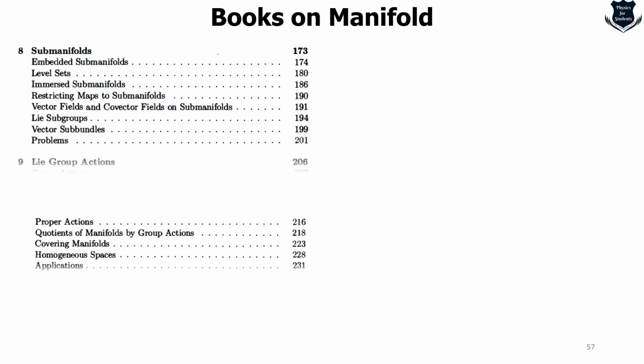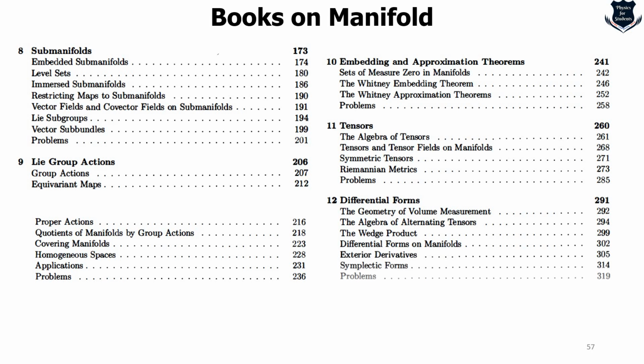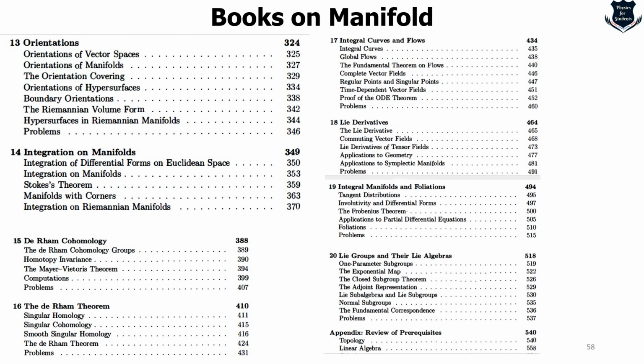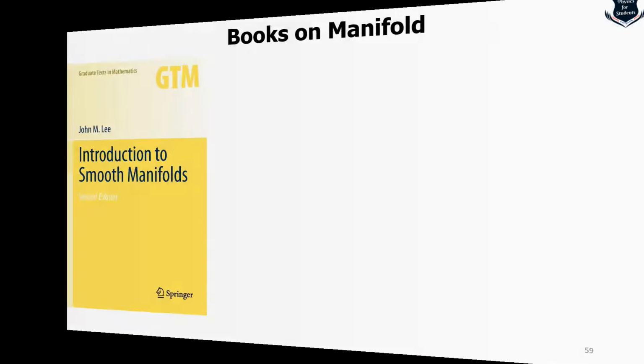I'm not going too much into that, because you can at any point of time just pause the video and look into that. What is important is that it covers a lot of tensors also. As you can see, the tensor and tensor fields on manifold, symmetric tensors, exterior derivatives, these are also being covered. Orientations, integration on manifolds, de Rham cohomology, Lie groups and Lie algebras are being covered.